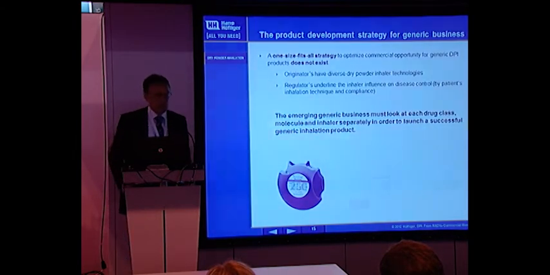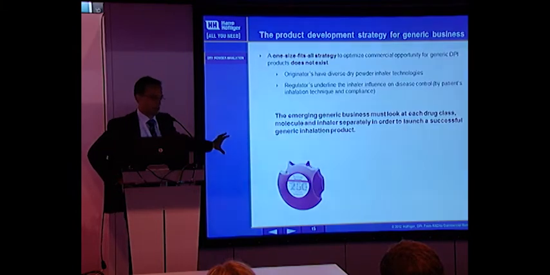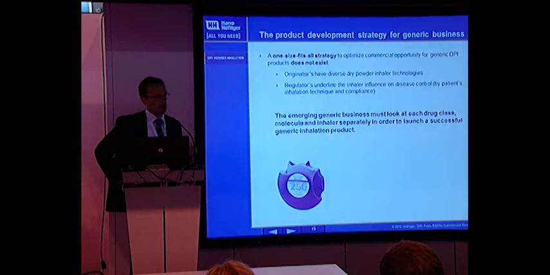Nevertheless, I would focus now the rest of my talk on the Seretide Diskus inhaler, and certainly the generic industry must develop a strategy on how to enter into the dry powder inhalation market. And maybe it could be a strategy to use a different device, but it could be also a strategy to use a similar device.